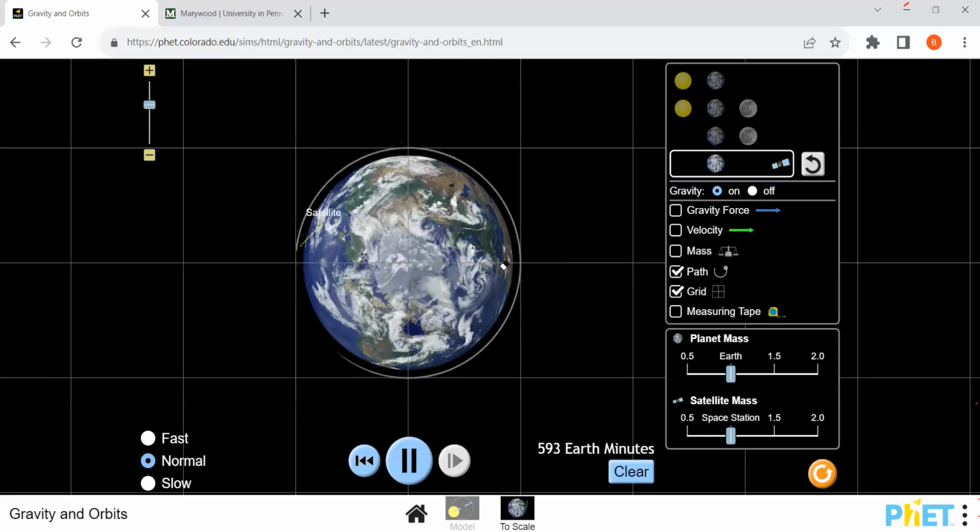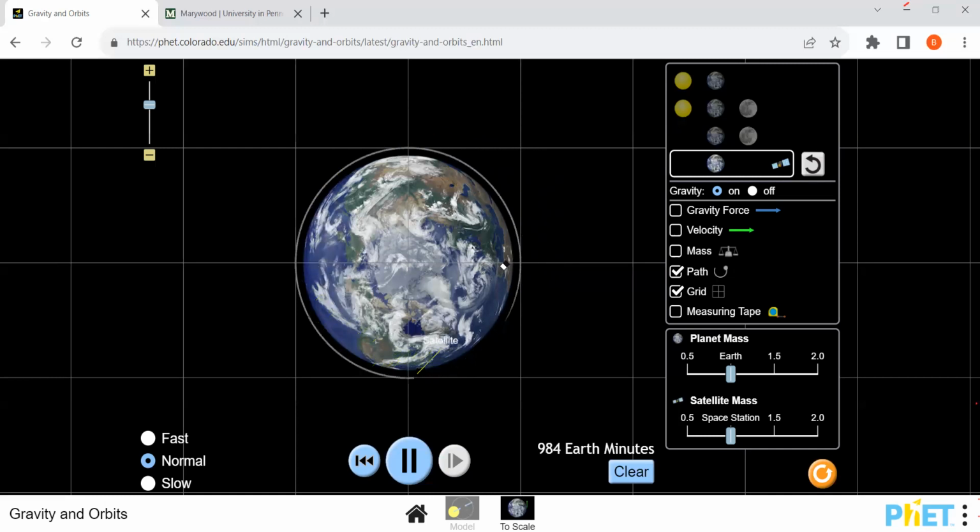Because it is uniform circular motion, the speed is constant in this path, and there is a centripetal acceleration.